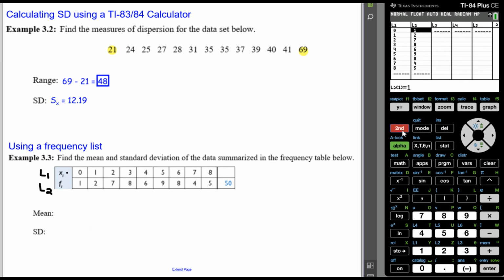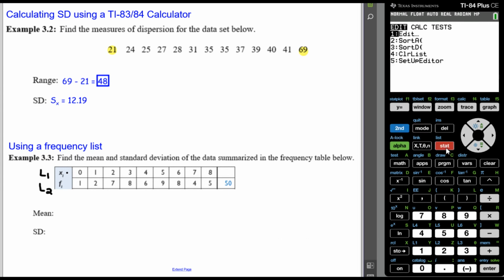Once you've done that, you can quit out of the editor, pull up the statistics menu, press right arrow over to calculate, and again, I still only have one variable, so I'm going to pull up one variable statistics. The difference now is I now have a list of frequencies that I've entered from this frequency table in list 2, so I'm going to pull up second list 2 and enter that as my frequencies list so that my calculator knows that each of these observations occurs with that frequency.